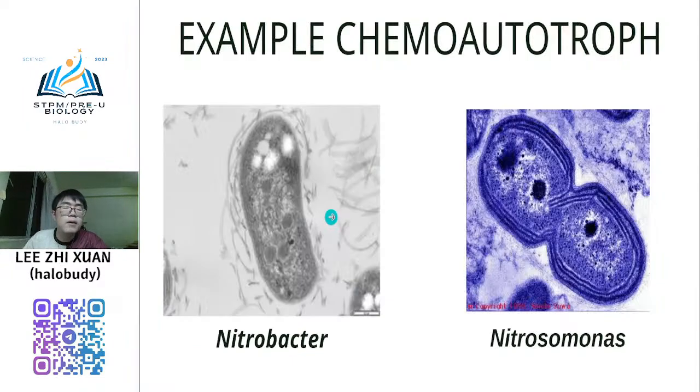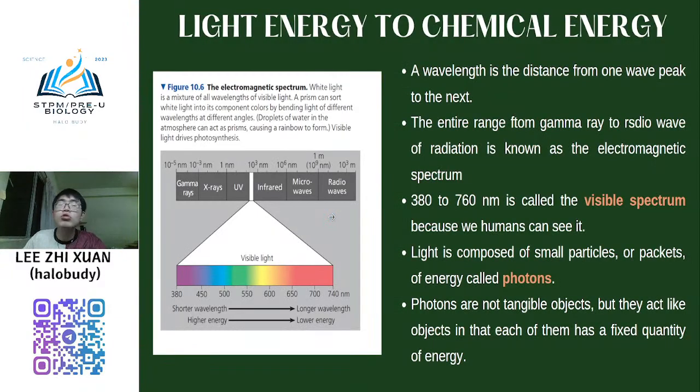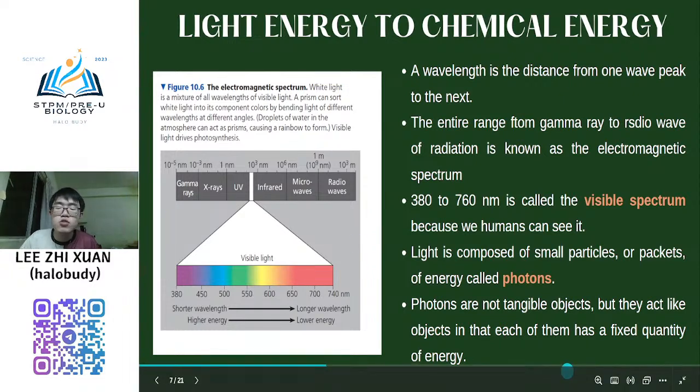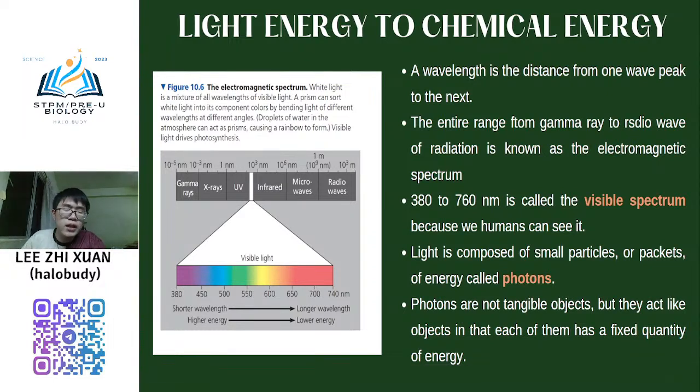Okay. Next, we will go toward the chemistry part. The photosynthesis bit is the chemistry part. This one you already learned in chemistry. Chemistry, I think chapter 2, right? About the UV spectrum.